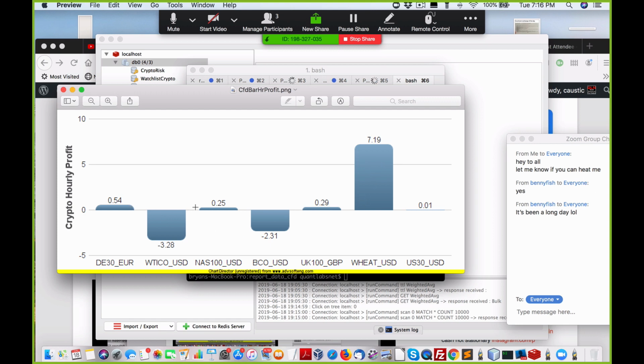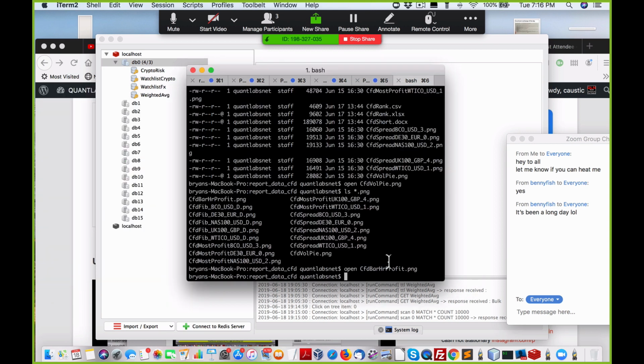There was a little bit of eking in profit in these instruments in Deutsche 30, NASDAQ 100, UK 100, but wheat, you never hear about that on the major news blogs. And look, it's trading up, and again, these are hourly moves, so you're up 7.19% for wheat, and you never even know that. So that's some of the unique services that you can get with just the analytics.